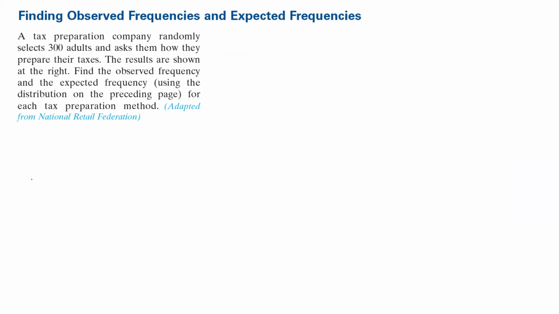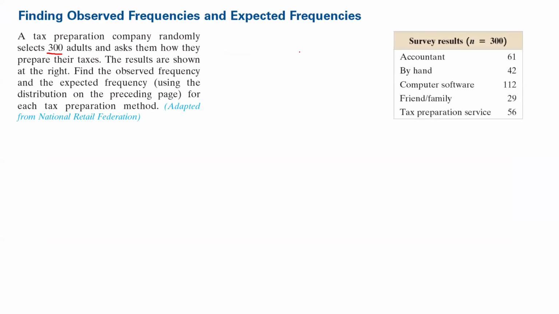In this example, a tax preparation company randomly selects 300 adults and asks them how they prepare their taxes. The results are shown on the right-hand side. Find the observed frequency and the expected frequency using the distribution on the preceding page for each tax preparation method. So take a look. Accountant, 61.